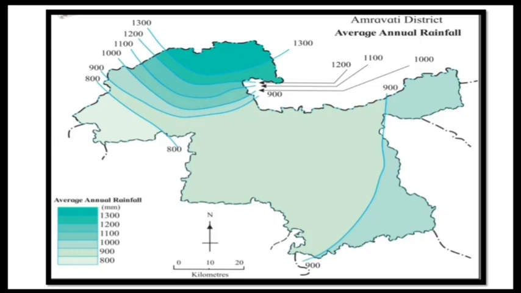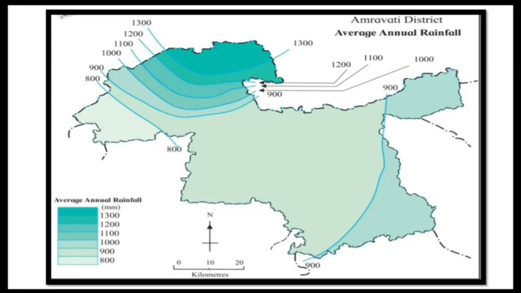Here, if you can see, the darker shade of the color or the closer the lines are to each other, the more is the rainfall. If the space in between the lines increases, there is a gentle slope showing a variation in rainfall.